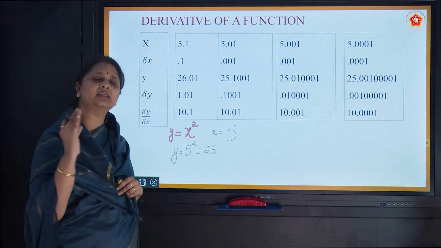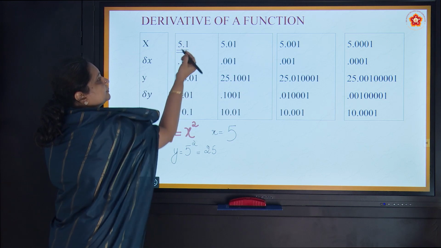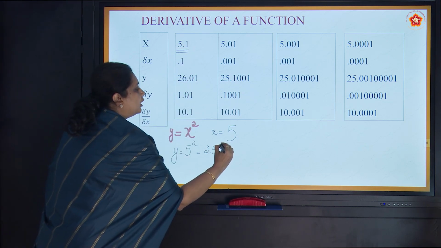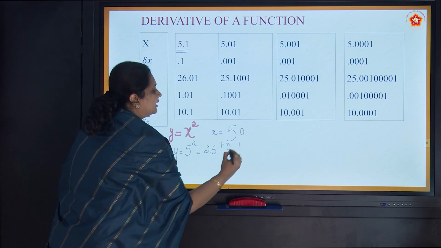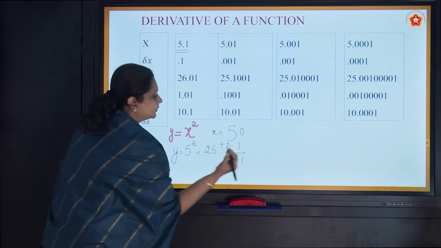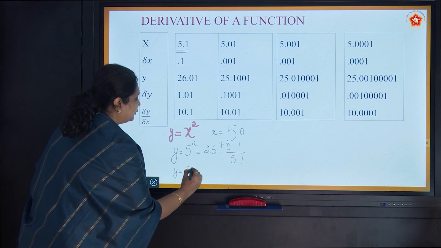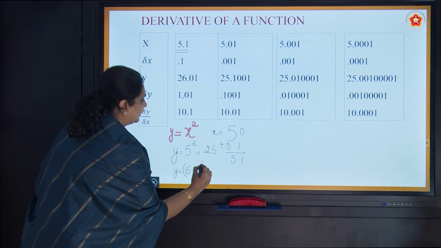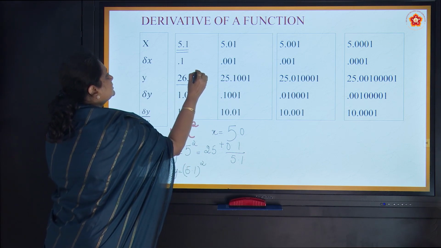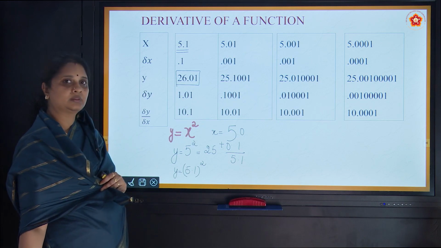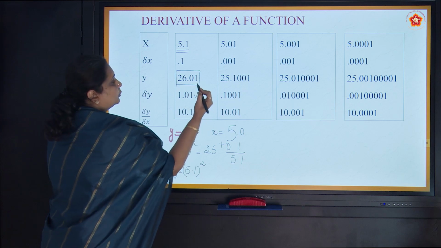I'm increasing it by 0.1. So I add 0.1 to 5 and I make it 5.1. Now what happens to my y? My y will be 5.1 the whole square, that's nothing but 26.01. So y is increased by 1.01.